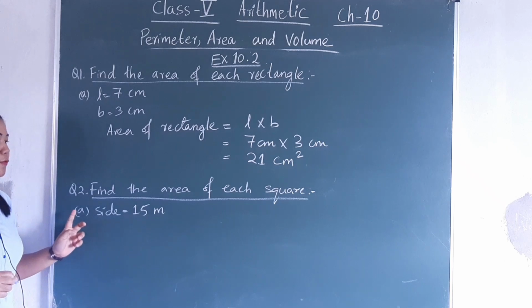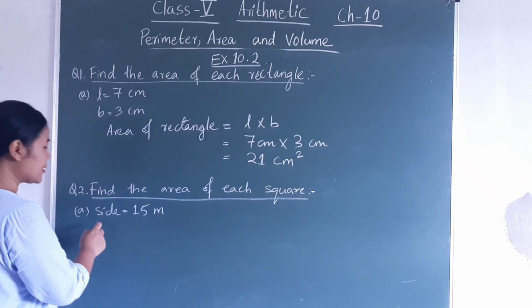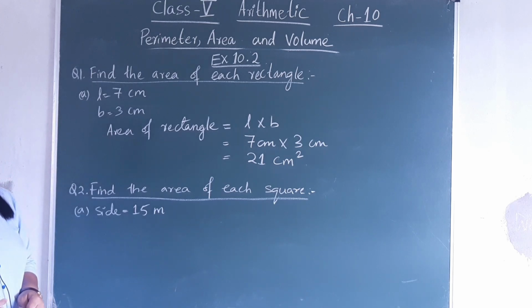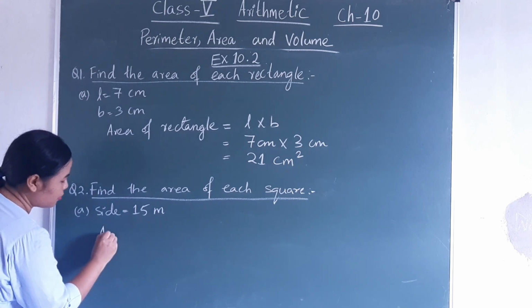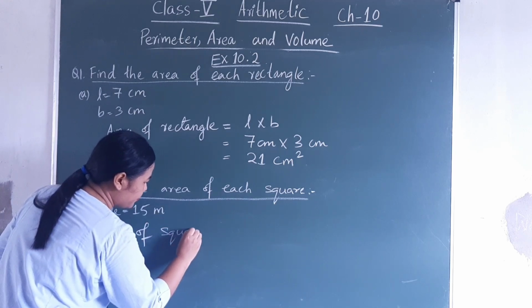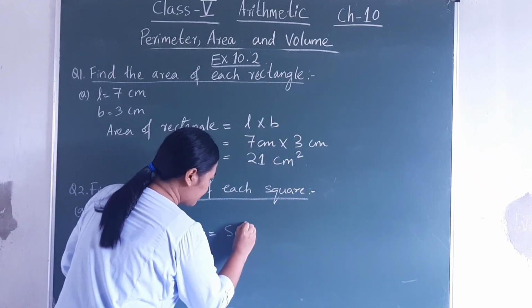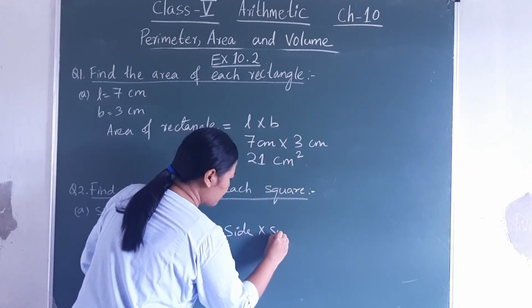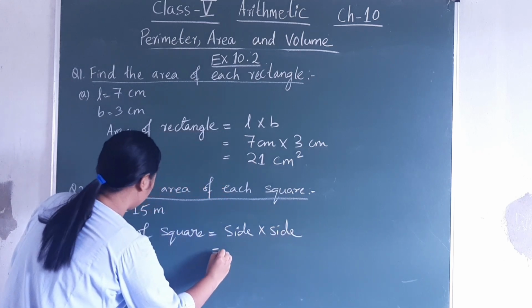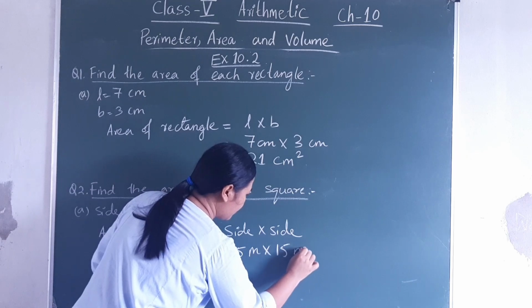Next question, find the area of each square. Side is given 15 meter. So what is the formula of area of square? Side into side. So 15 meter into 15 meter.